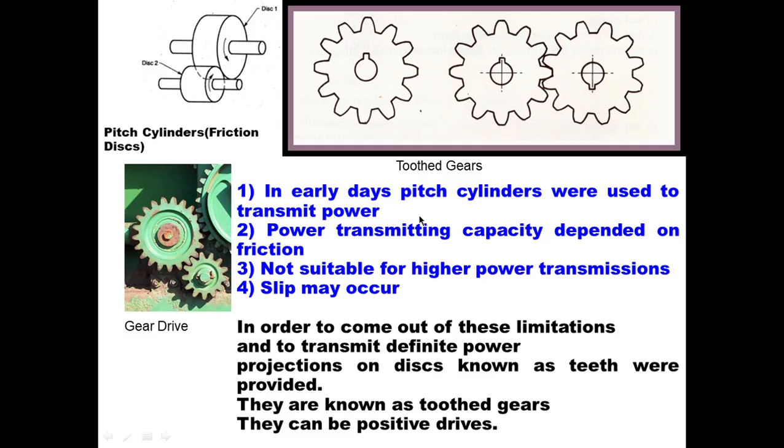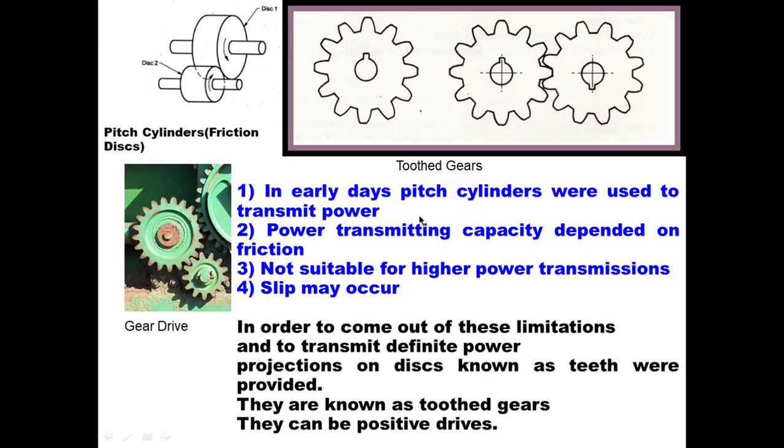In order to come out of these limitations and to transmit definite power, projections on the discs known as teeth were provided. They are known as toothed gears. They are positive drives.